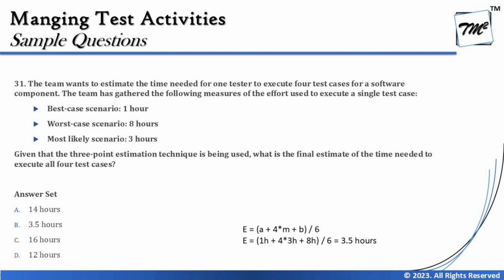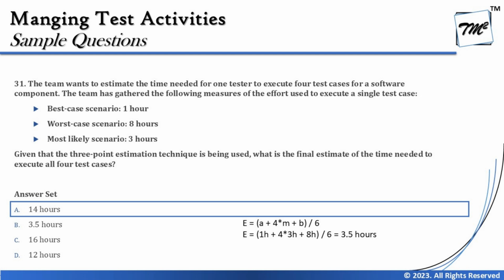So we need to multiply this 3.5 by 4, and you know the final answer: the right answer for this particular question should be A, that is 14 hours, which would come to the final estimate for executing 4 test cases by calculating the estimates from the given input for 1 test.